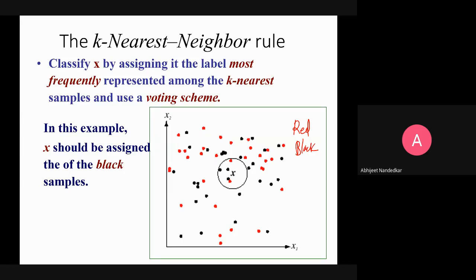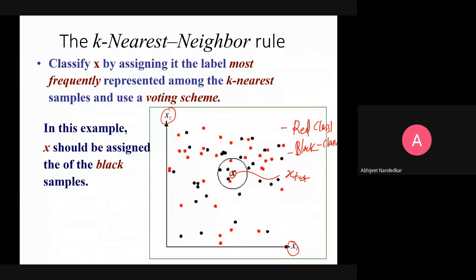So what I mean here is, say this is a 2D case, this is my variable x1 and this is my variable x2, and this is a spread of data. Red is suppose class 1 and black is class 2. And suppose this x is given to you as x test. You want to classify this.